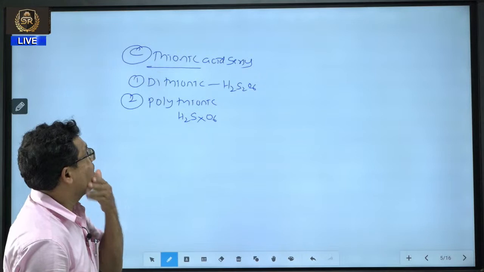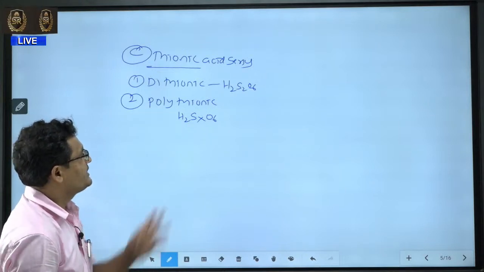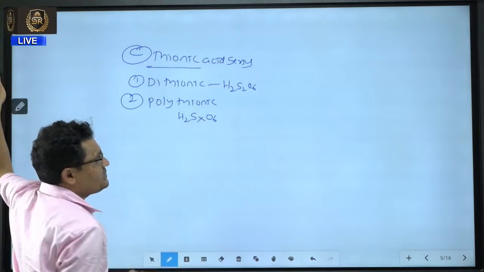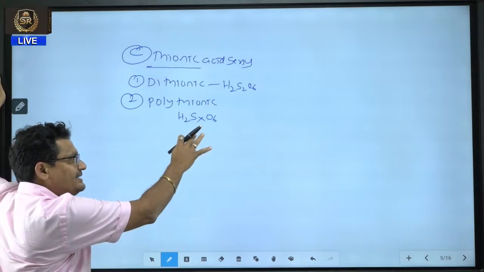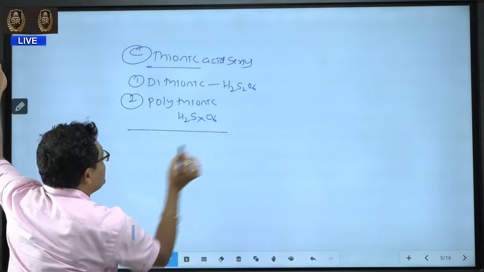So this is the thionic acid series. These are 2 types, dithionic and polythionic. Dithionic formula is H2S2O6, polythionic is H2SXO6. Now let us discuss dithionic.